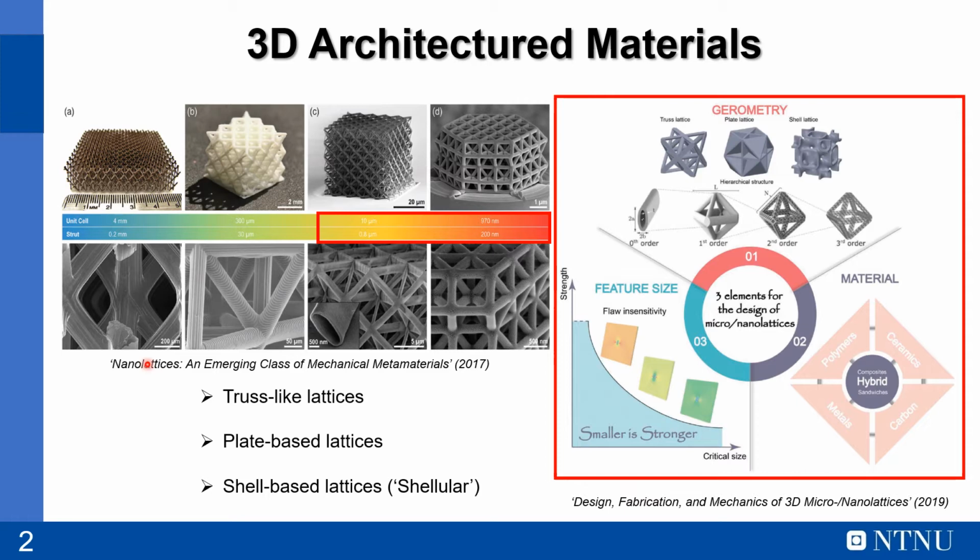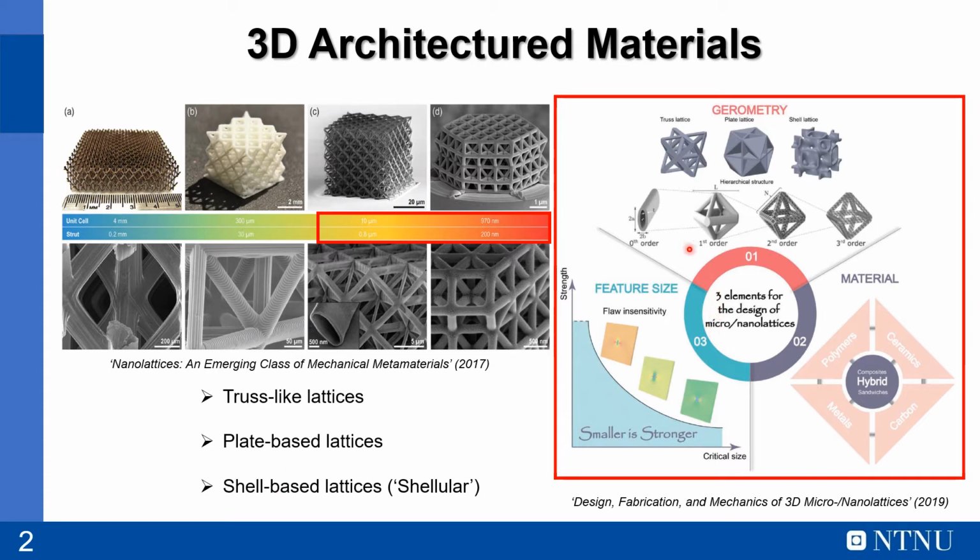Here you can see only periodic architecture materials because they are stronger at fixed relative density, which is the content of volume of material inside a specific geometrical volume. Here you can see classifications of such materials, like truss-like lattices, which are the lattices we have used in the present work, or plate and shell based lattices, each depending on the smallest element we can repeat to tessellate the space in a periodic fashion.